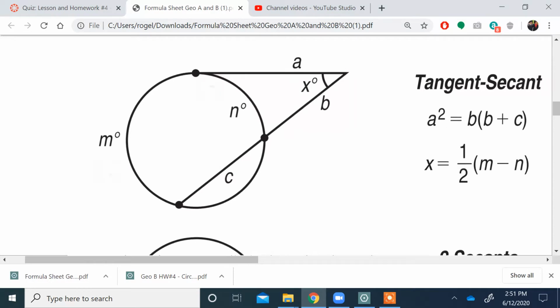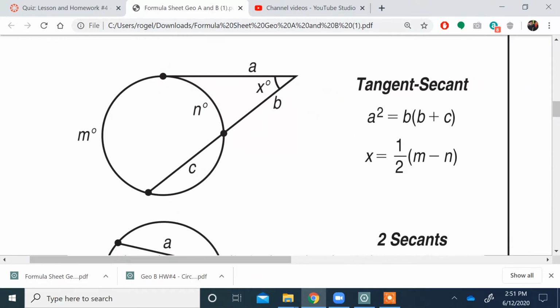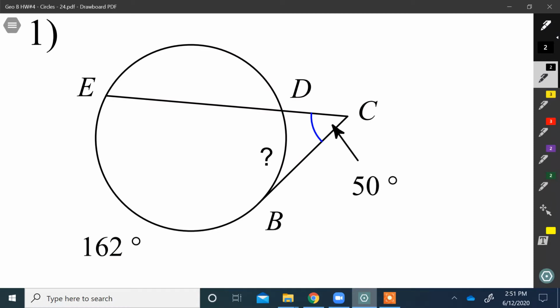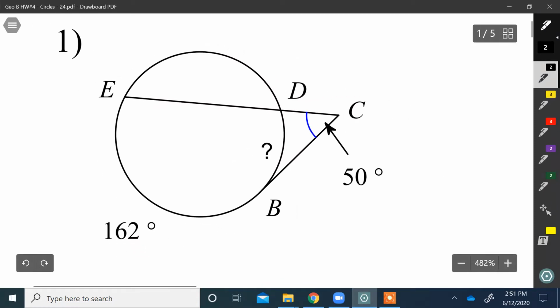If you look at your formula sheet, that looks very similar, and the formula is right there. I have the formulas on another computer, so I'm going to be looking at that.